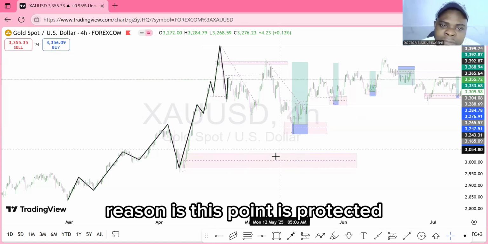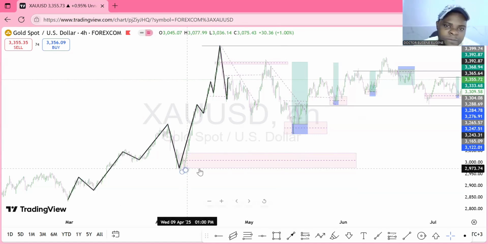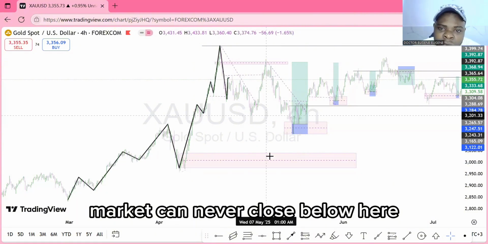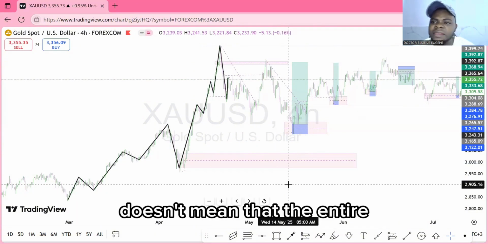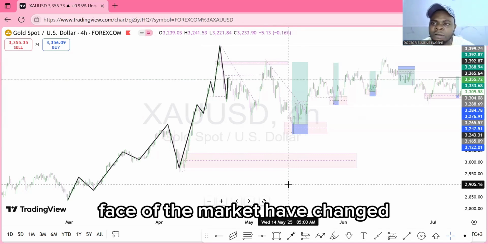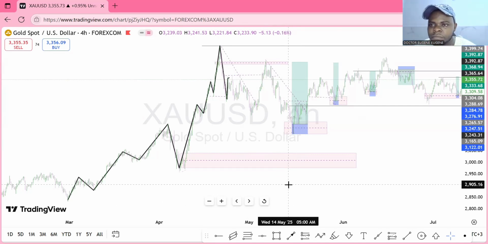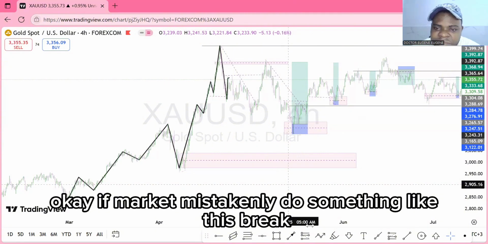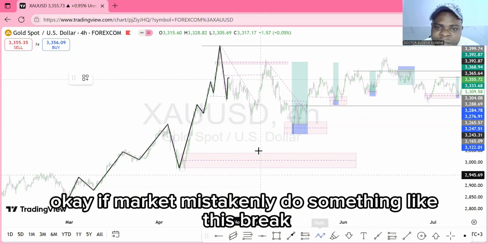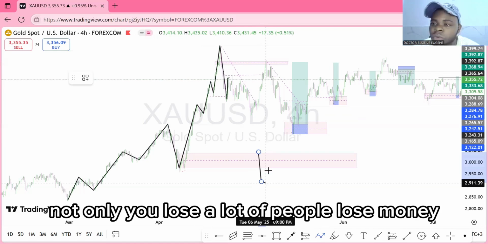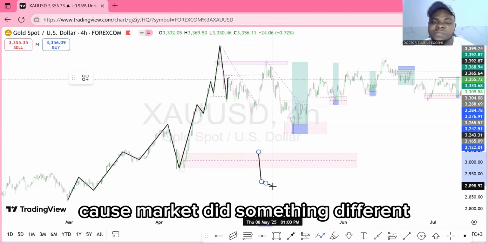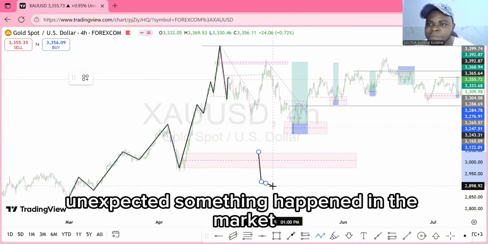The reason is this point is protected. The market can never close below here. If it does, it means the entire face of the market has changed. If the market breaks and closes below this point, a lot of people lose money because the market did something different, something unexpected.